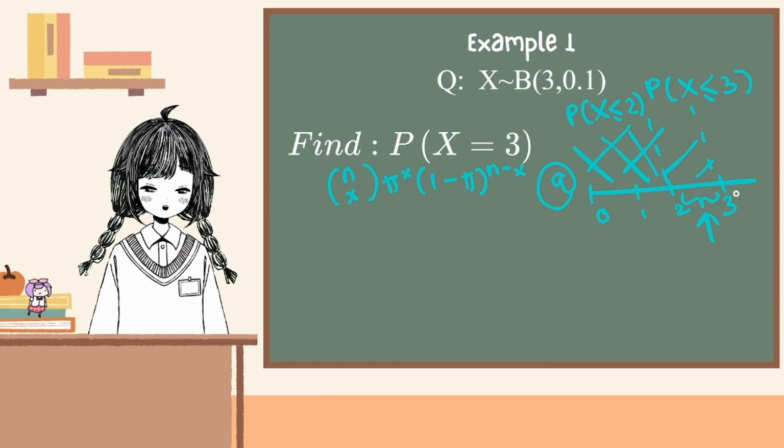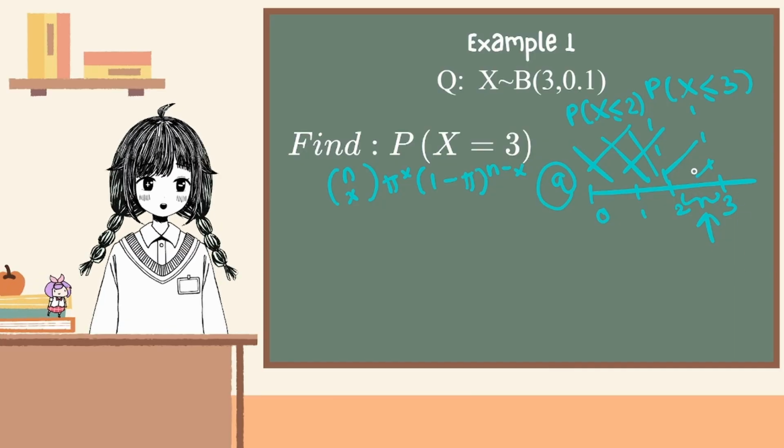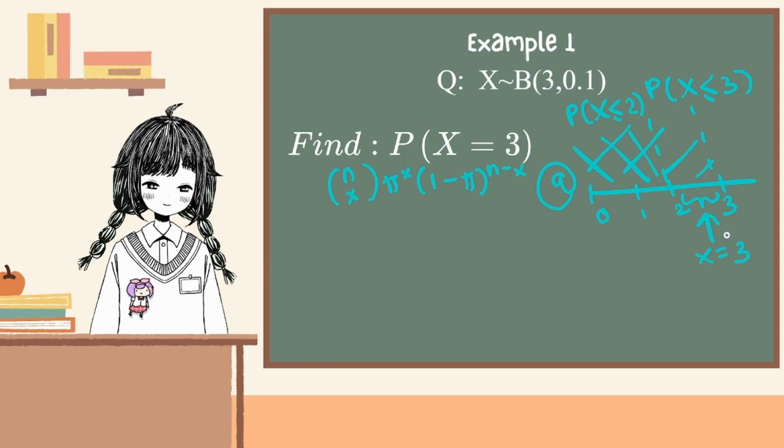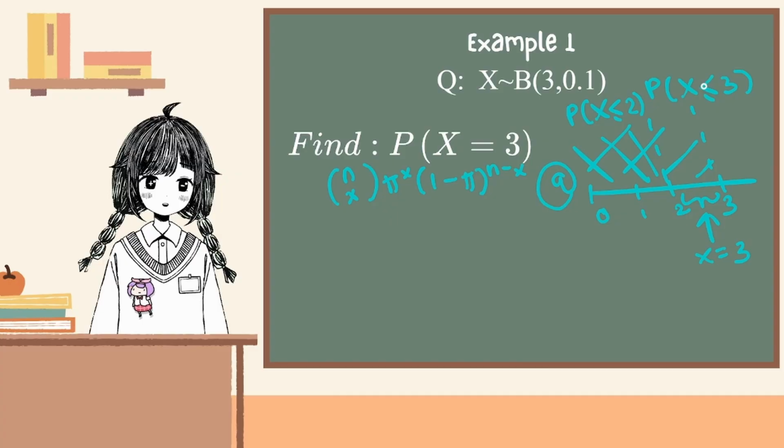Since this is discrete, there is nothing in between the 2 and 3, so we can imagine that this is already just a 3. So x equals 3 here. To get our answer, we subtract both of these.